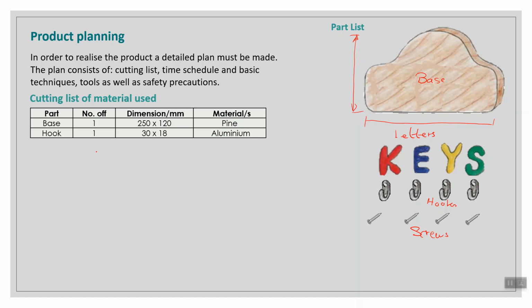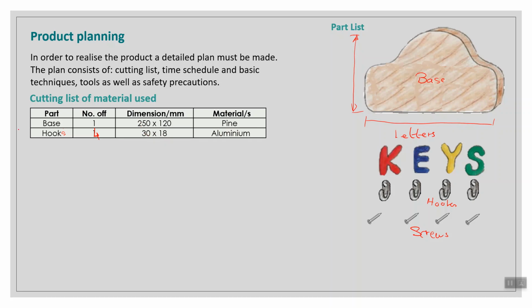So I mention the dimension and the material it will be made of. Okay, the hooks, because there are many hooks. There are in fact four hooks, not one, but four hooks. The dimension of the hook is 30 millimeter by 18 millimeters, and it is made of aluminium. Okay, so this is a cutting list.